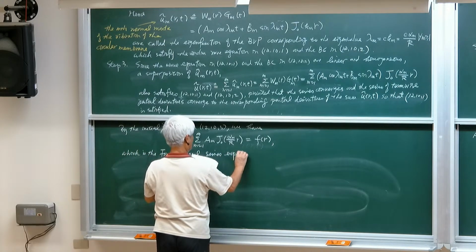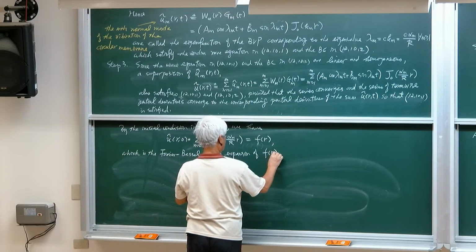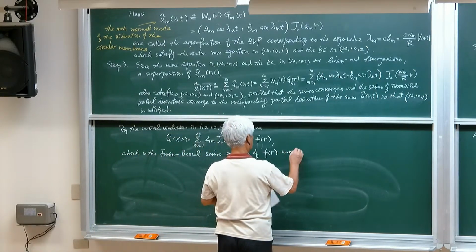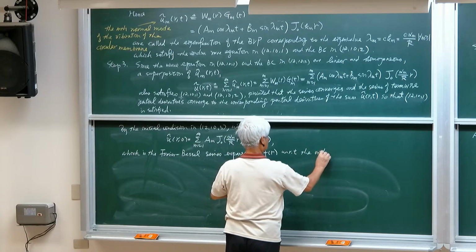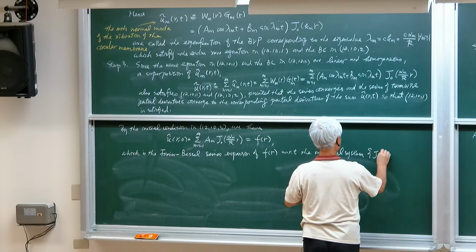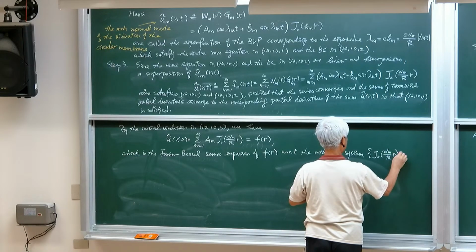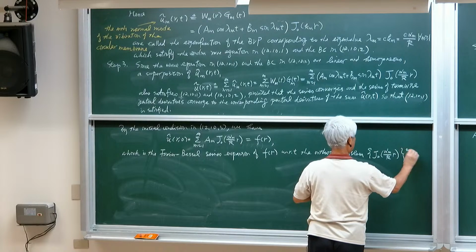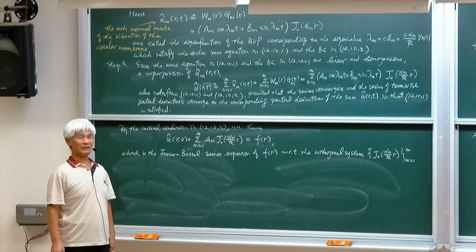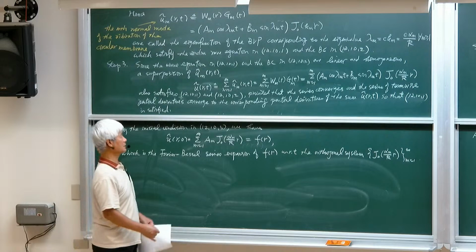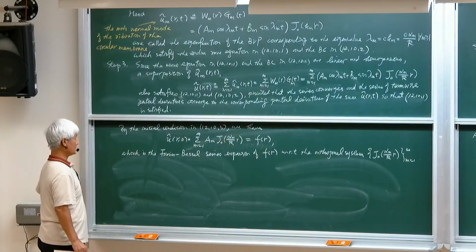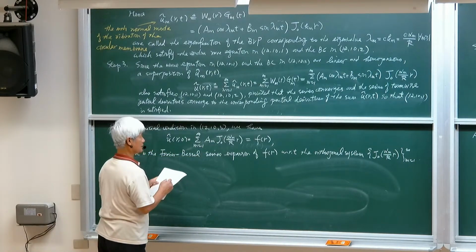with respect to the orthogonal system. As we discussed in section 11.6, we have shown that we can have this expansion, called the Fourier-Bessel series expansion.